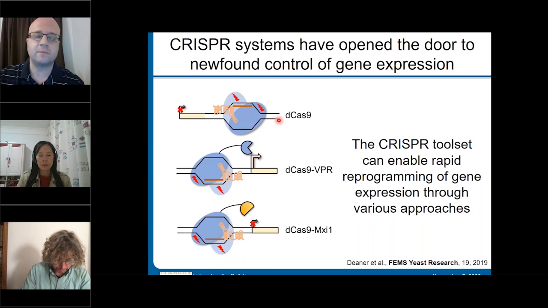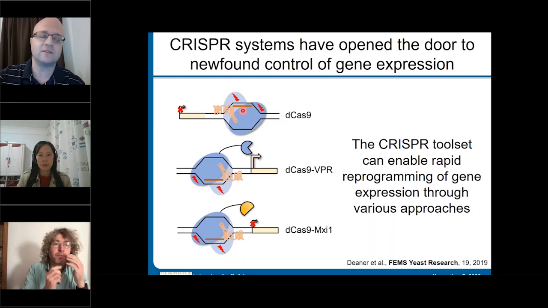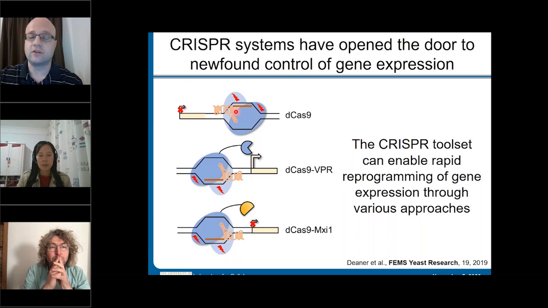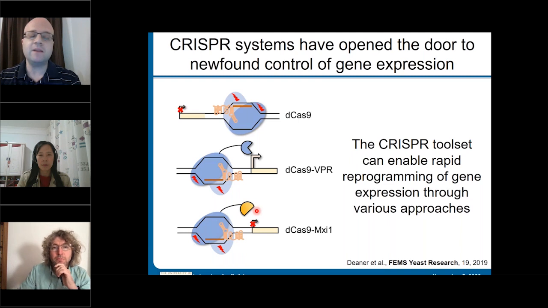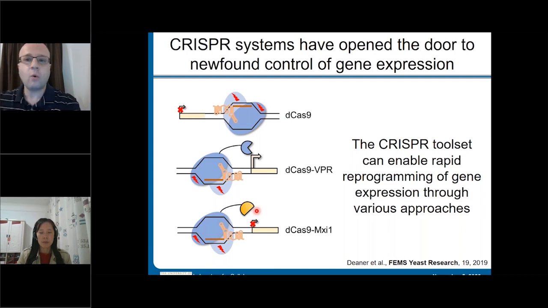In particular, by using deactivated Cas9, so dCas9 type systems, either on their own or linked with activators or repressors, we can begin to create a rapidly deployable tool set to reprogram gene expression. What I mean by this is that we can take these constructs, create them, have them in the freezer, and then even port them later on into new strains of interest.